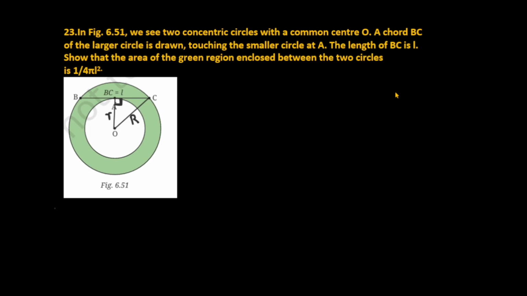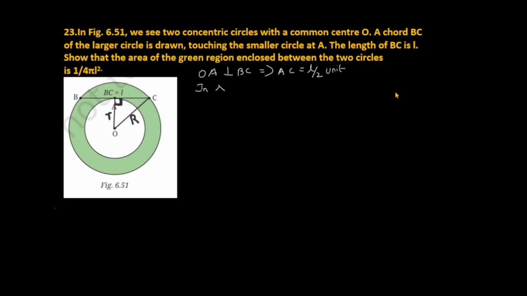This is 90 degrees. So OA is perpendicular to BC, which means AC is equal to L by 2 units. BC is L unit, AC is half of it, L by 2 units.